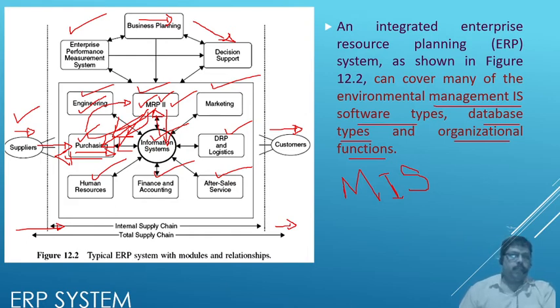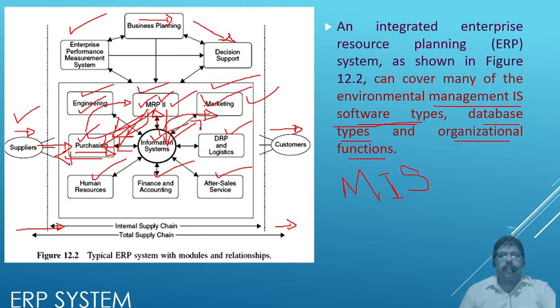After production, the product needs to be sold, and that is managed by the marketing department, and the marketing data is also kept. Whatever blocks we are indicating here are all software, or modules in a software. An ERP system is a complete software, and these are parts of that ERP system.